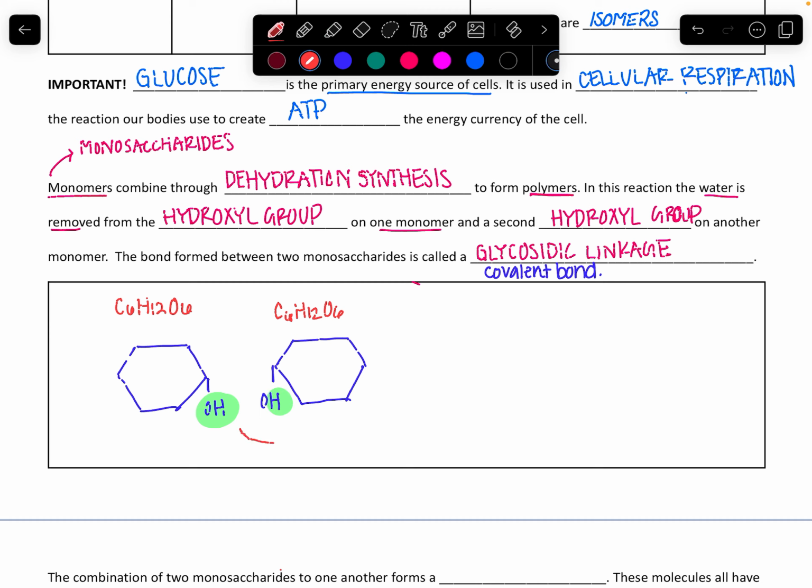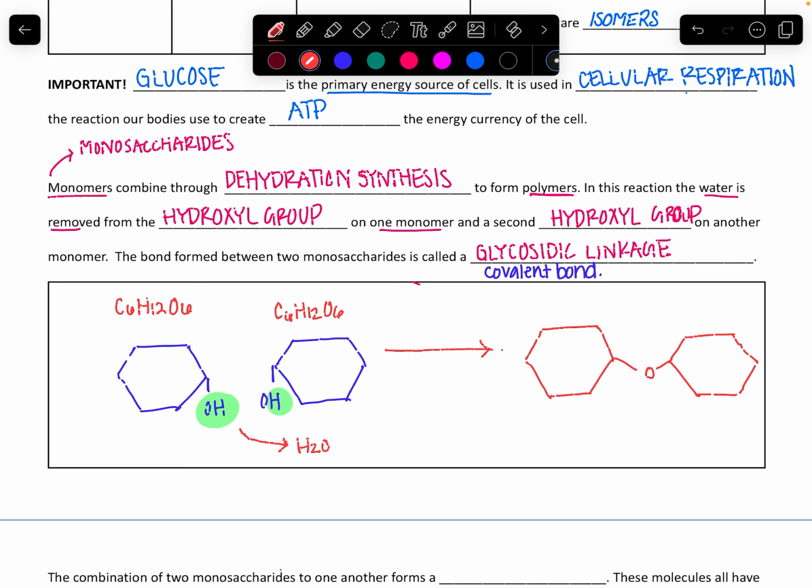So we are removing our water molecule. And when we do that, we create a bond. So I'm just going to draw that oxygen stays in the middle. Okay, so we create our bond.